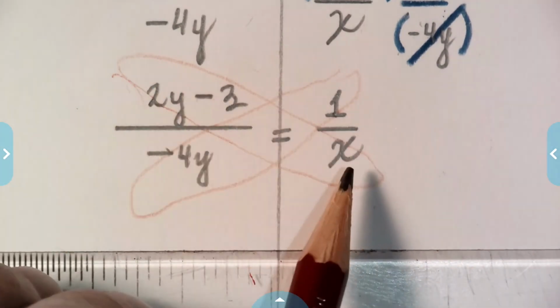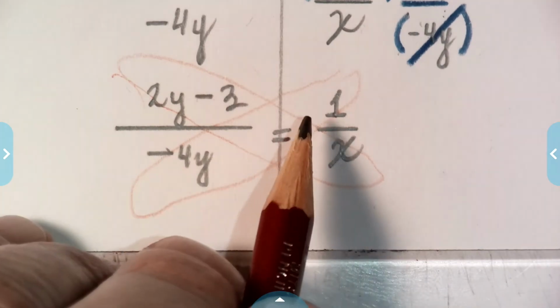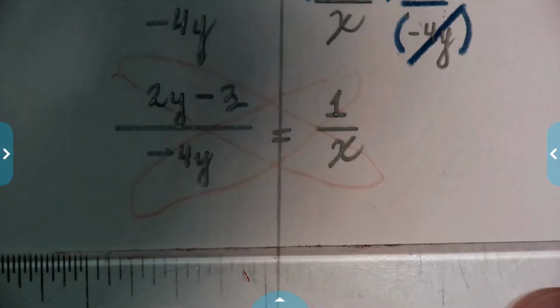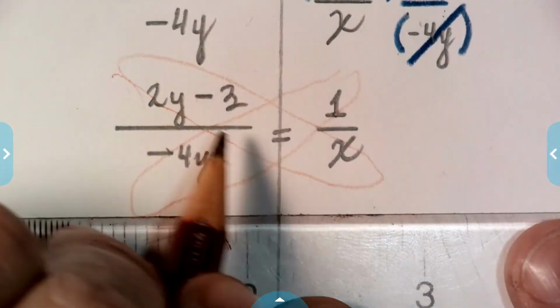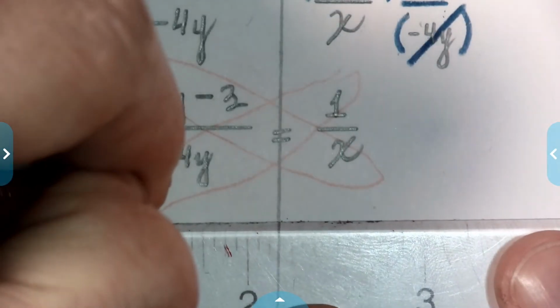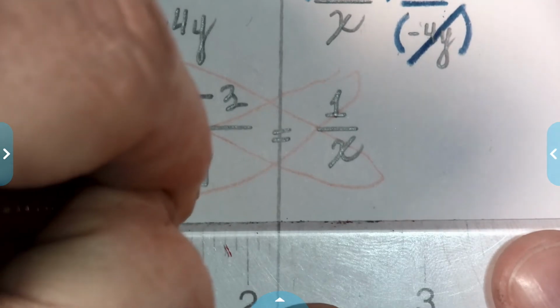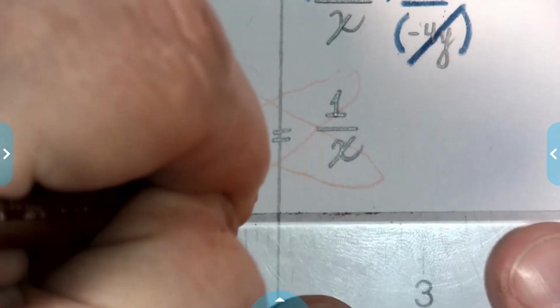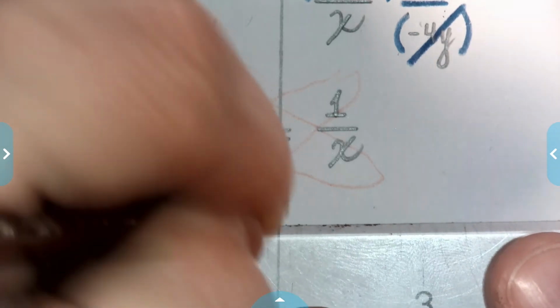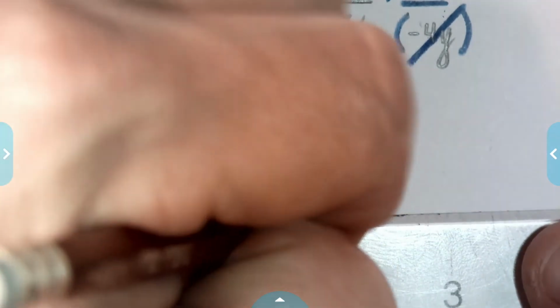We're going to multiply that by x, and then have negative 4y times 1. Okay, so let's start with this harder-looking one. So we'll have x times 2y minus 3 equals, pardon me, negative 4y.